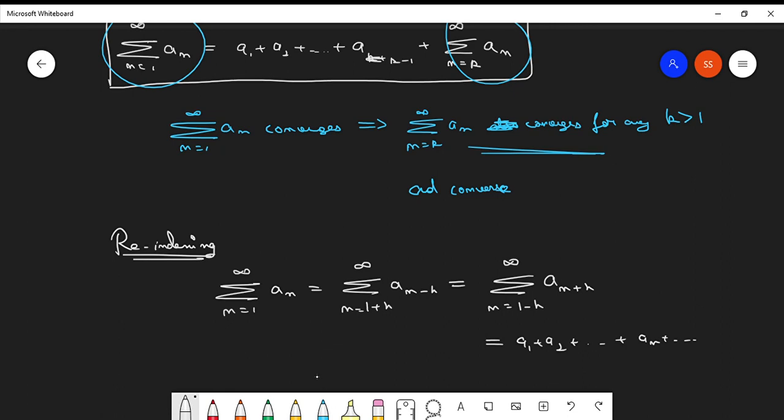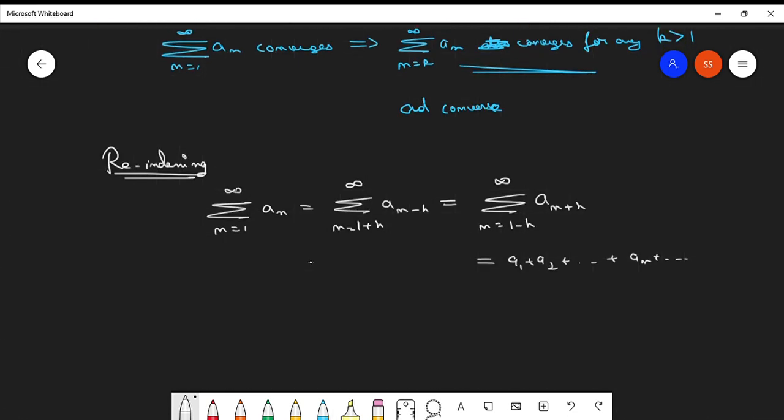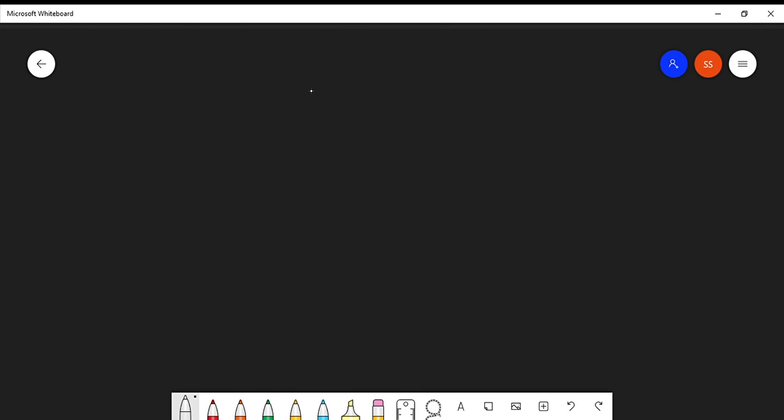For example, let's say you have the series summation n equals 1 to infinity 1 over 2 to the power n. You can write it like this: n equals 5 to infinity 1 over 2 to the power n minus 4. Sorry, n minus 4. It will become the same thing.